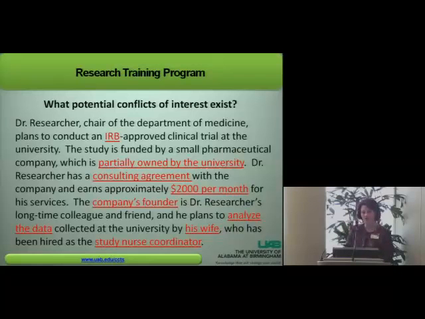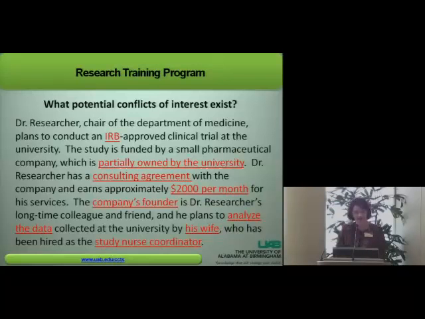As you will see, there are a number of different financial interests and relationships at play here. First of all, the institution has a financial interest in the sponsor. Additionally, the IRB that is approving the protocol is situated at the university, which has the financial interest, and although it is designed to be an independent body, it may be seen or perceived to follow the lead of others with influence at the university.